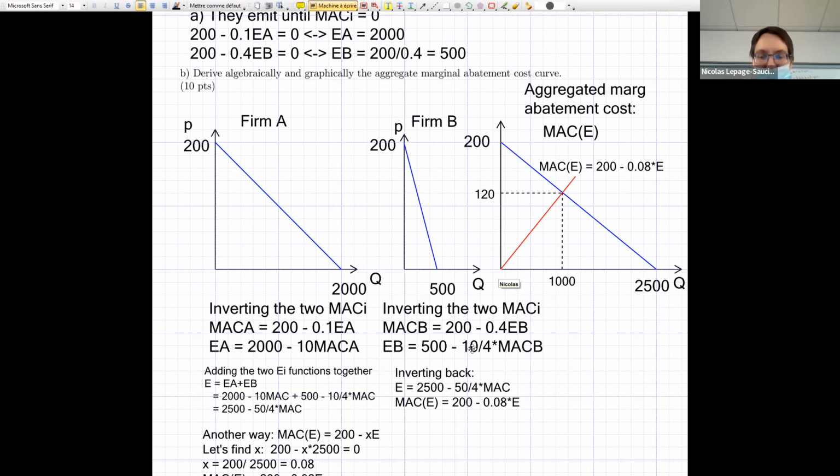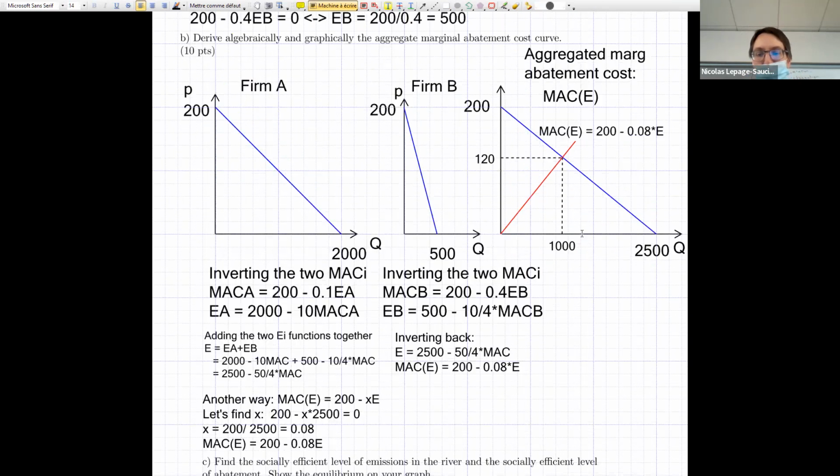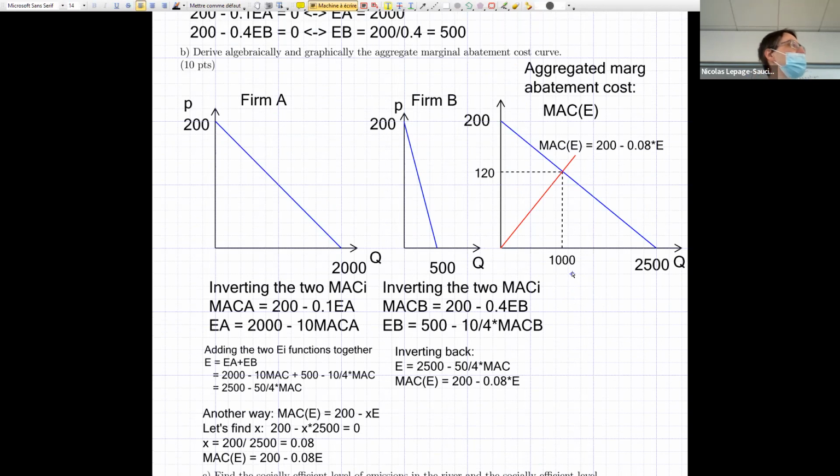But here I was asking what is the total social cost? So if we abate 1,000. Yes, so which base and which height? Okay, so we have a number to work with. So let's see. Somebody else had something different. Yeah.